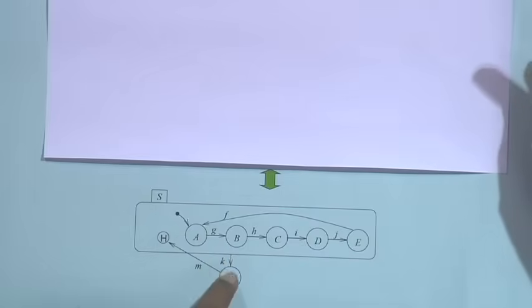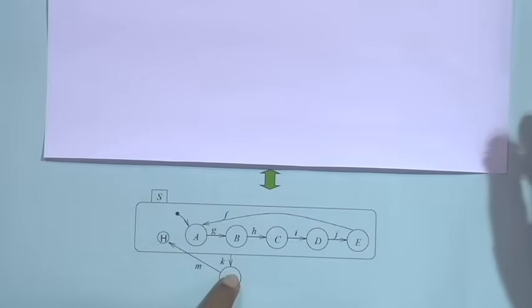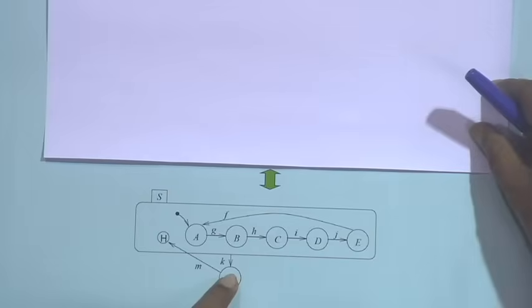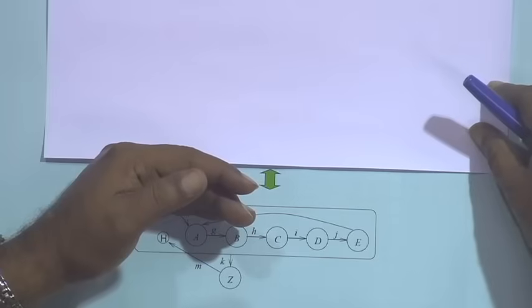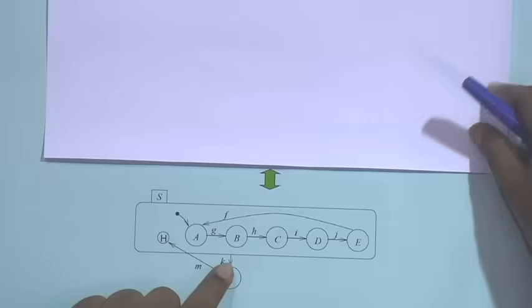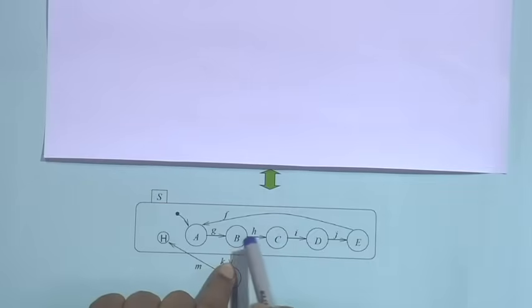Event K tells you that you are coming out from state S, but you do not know which substate you are coming out from.